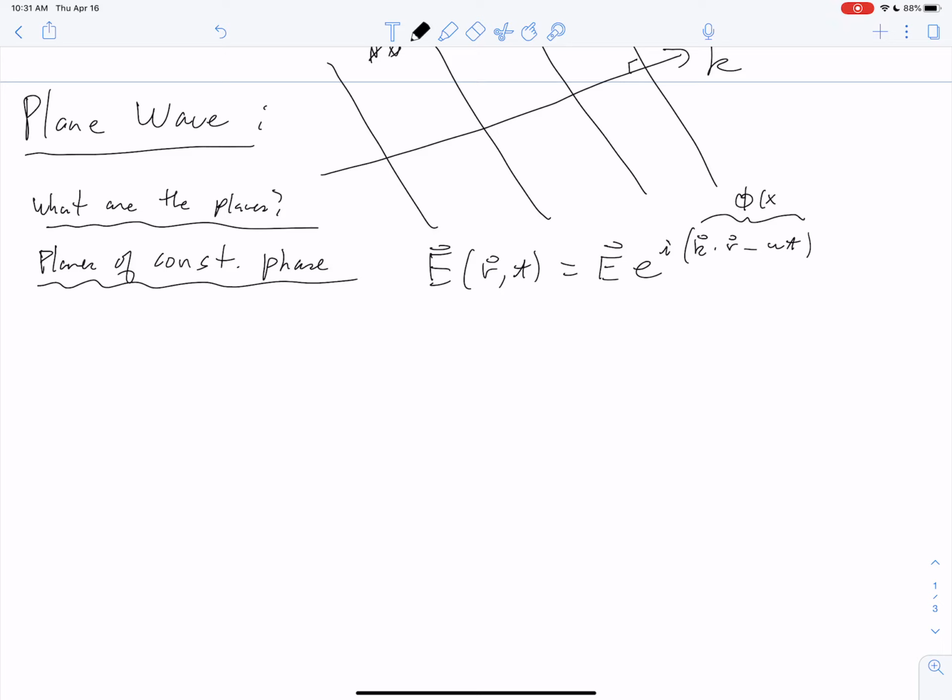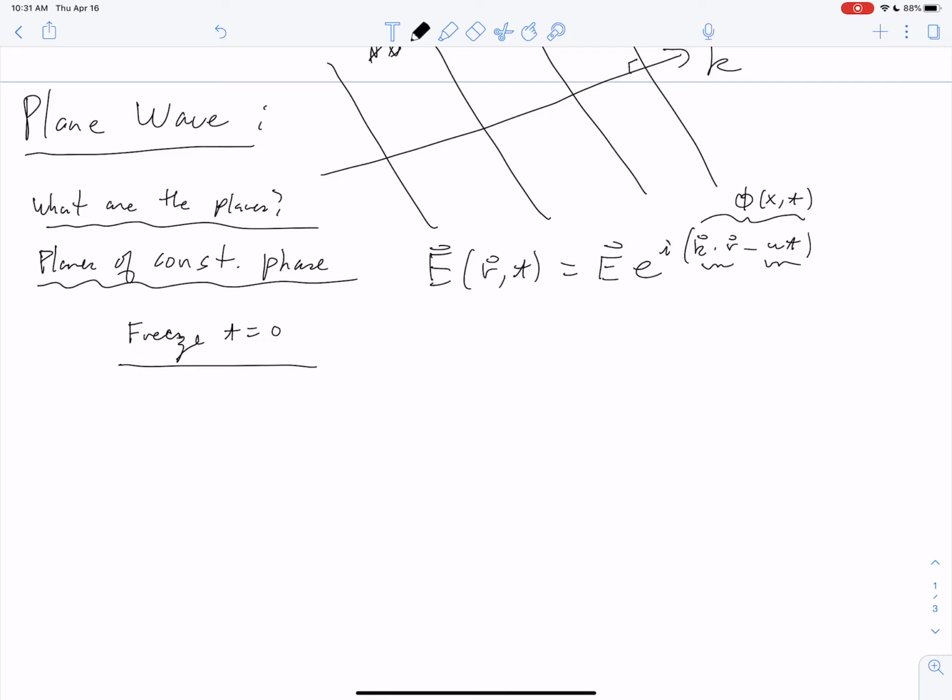And the phase is a function of position and time, and the phase is moving forward. As I move in space, the phase gets bigger from this. As I move in time, the phase also changes according to that. So let's freeze time, t equals 0.